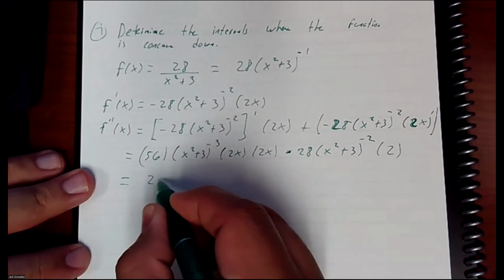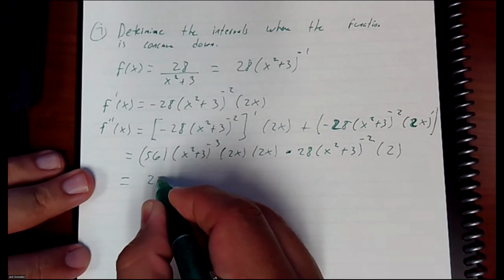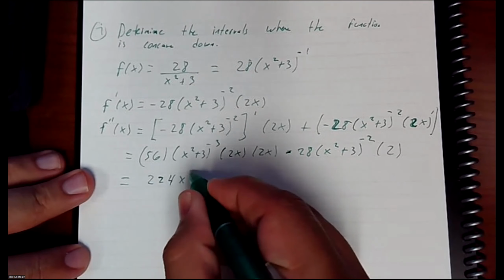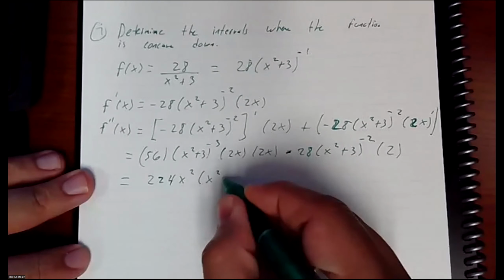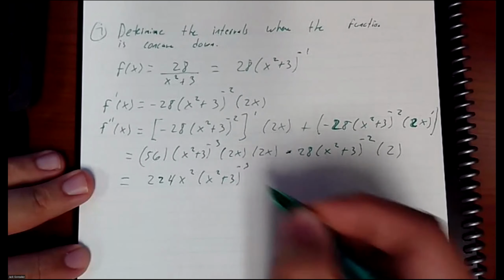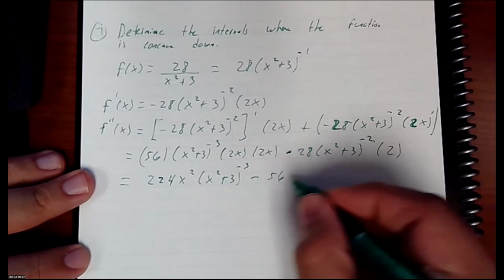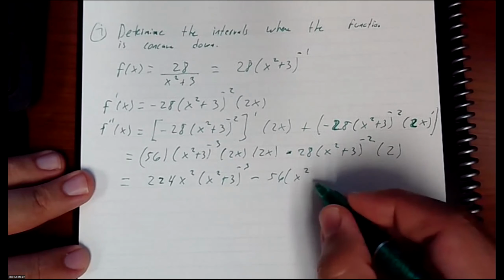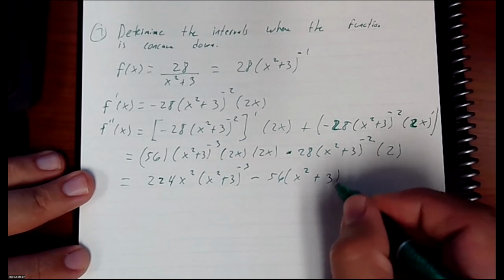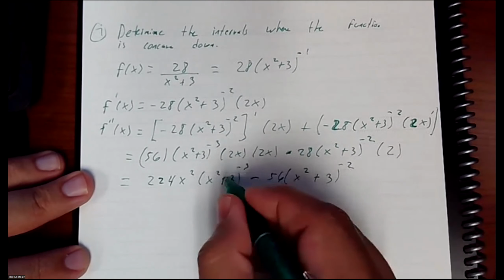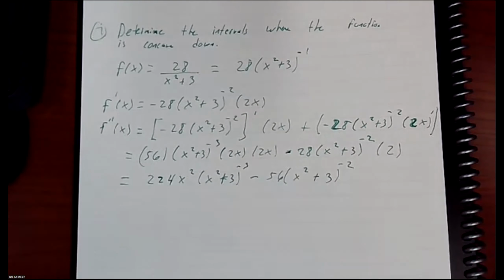That'll be 224 x squared minus 56 times x squared plus 3. Looks pretty gross.